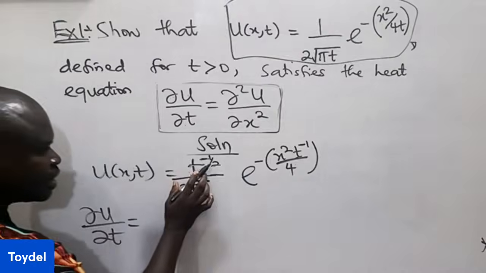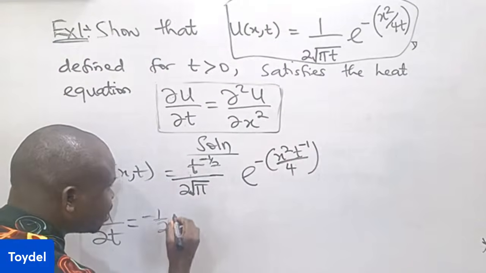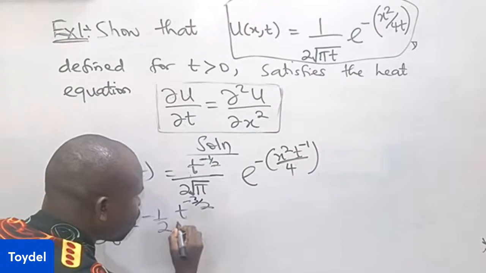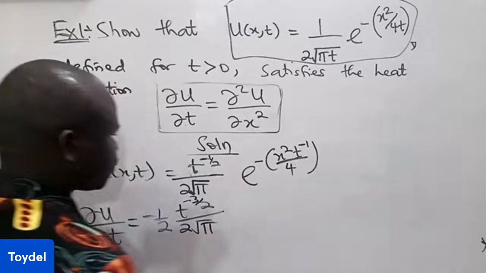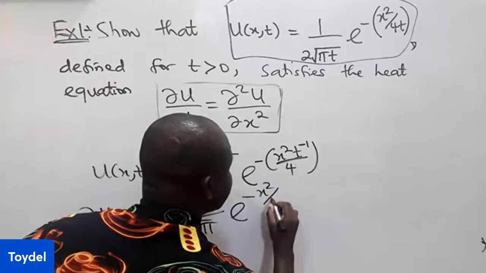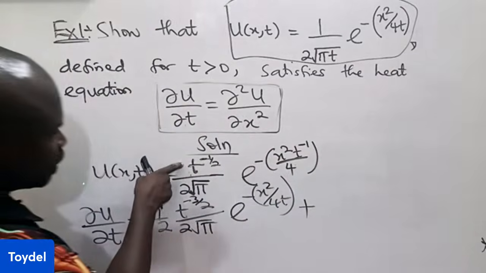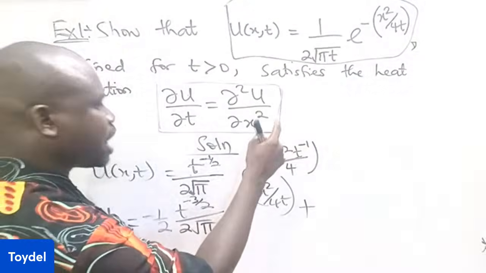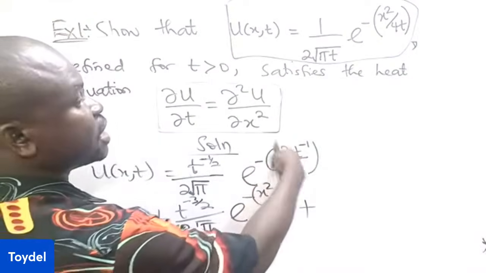The derivative of t raised to power -half will be -half, and I subtract 1 from the power, so t raised to power -3/2, all over 2 square root of pi, times the exponential of minus x squared all over 4t. Plus, I pick the first one and differentiate the exponential; the derivative of an exponential simply means you differentiate what you have there.